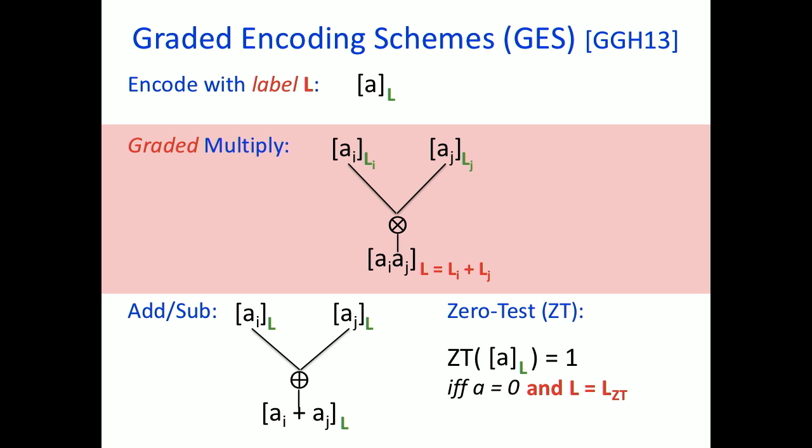The reason that this is graded is that the output encoding can be further computed upon. It can be further paired with some other encodings, which we couldn't do in the case of multilinear map.